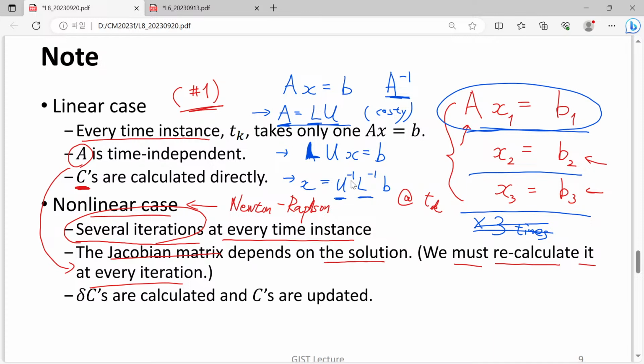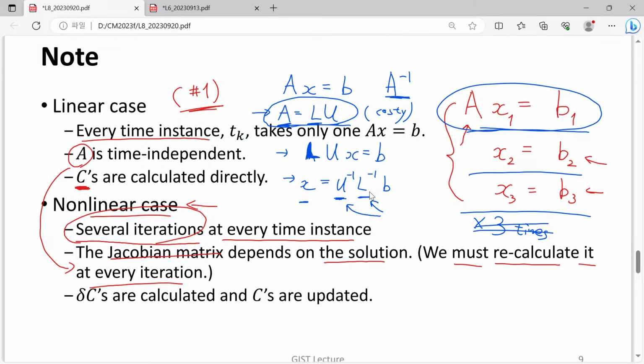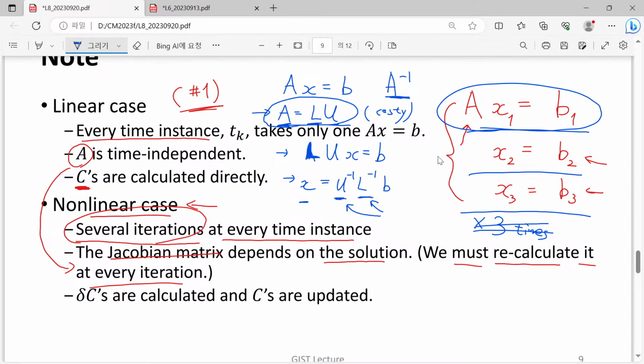So when you have a look at the actual procedure to calculate x, what I want to say is that the decomposition takes the majority of the time spent to evaluate x. Multiplying by this inverse of L and once again multiplying by the inverse of U does not take long. So now I come back to these three problems. One problem, two problems, three problems.